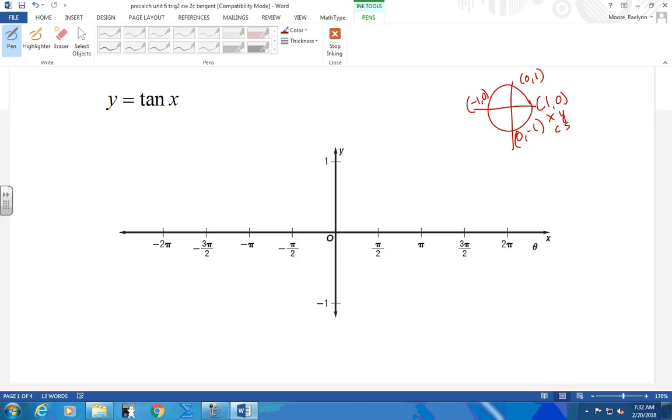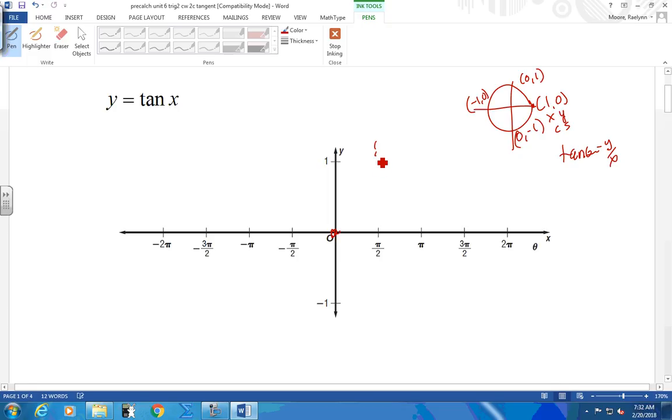How about a tangent using y and x? The tangent of an angle is y over x. So let's plot your tangent at 0. Y over x, 0. Your tangent at 90, y over x. No tangent. Undefined.